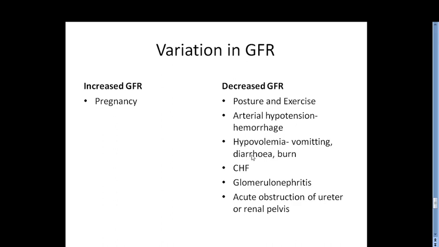because of loss of water in these conditions the blood volume becomes lesser, that causes less arterial pressure, and because of that the perfusion pressure of the renal artery is also lesser, that causes less glomerular hydrostatic pressure and decreased GFR. Similarly in congestive heart failure also the renal perfusion is poor.